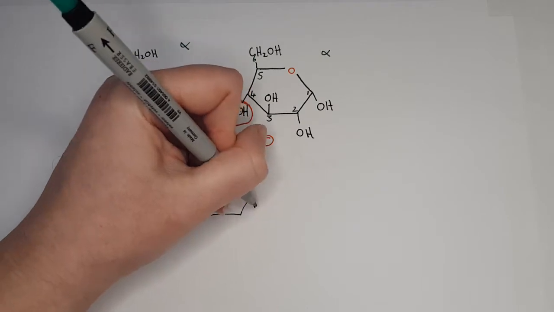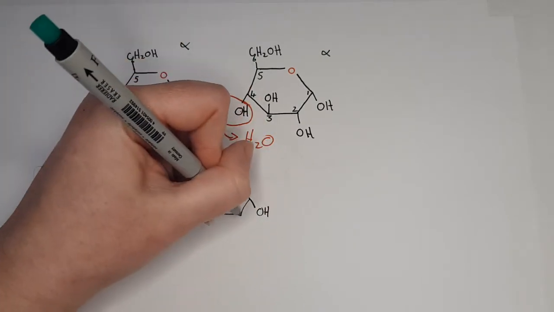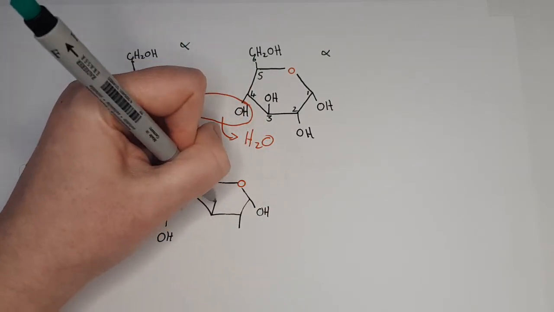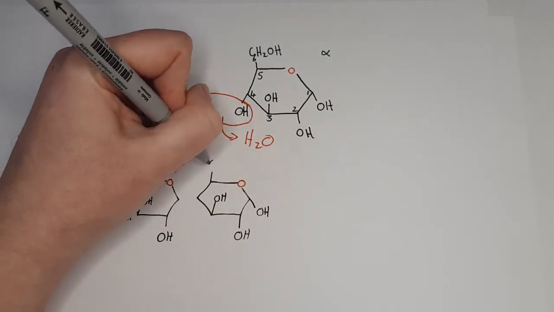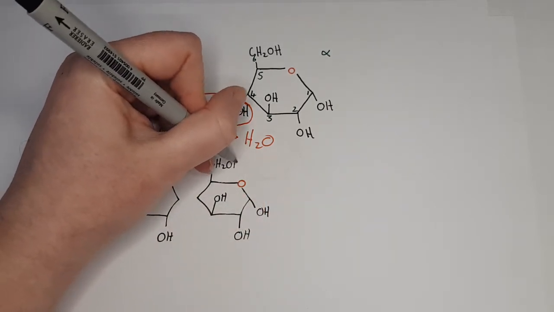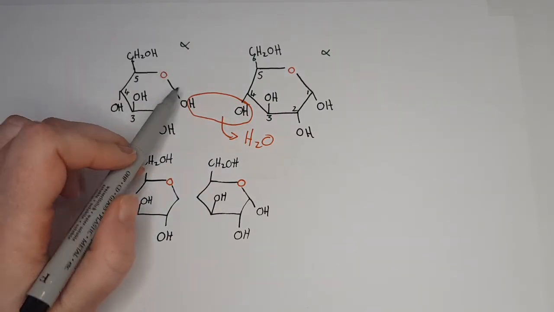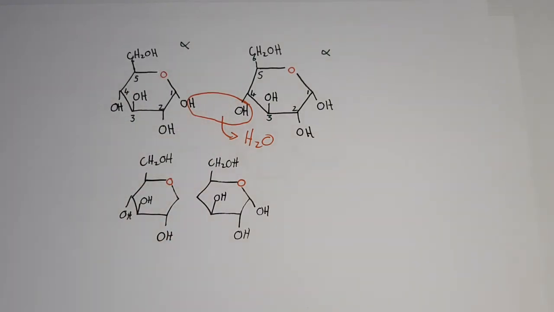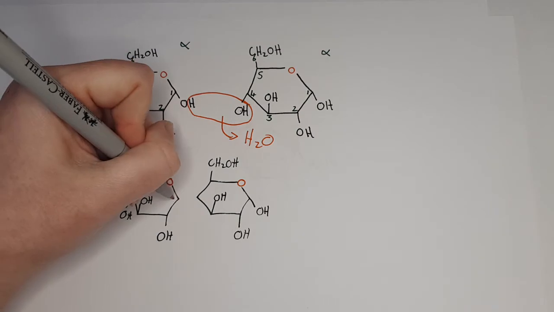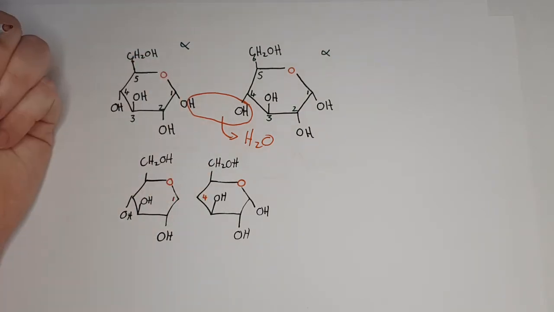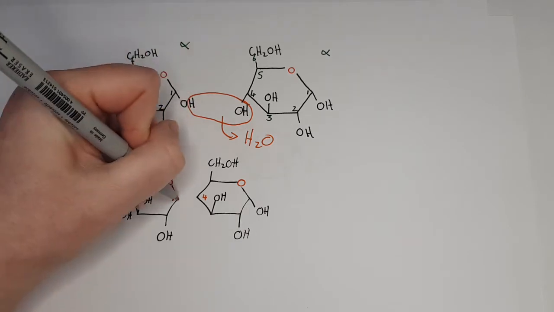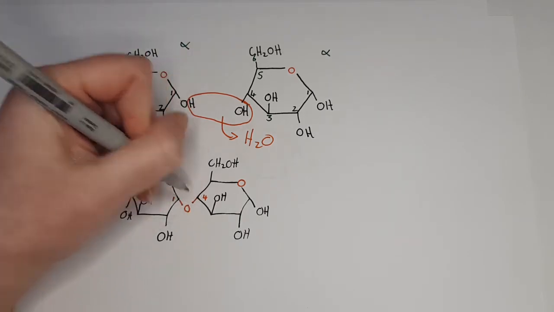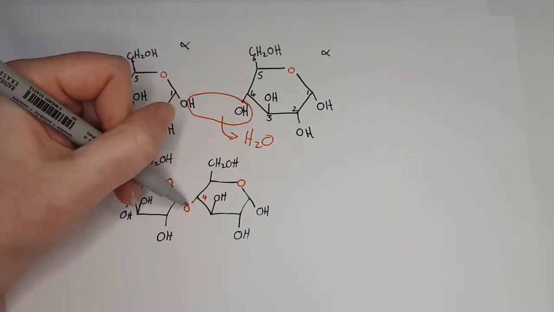And then the OH on carbons 1, 2, and 3. And 6 still outside the ring. But now between 1 and 4 that we had over there, so that's carbon 1 and that's carbon 4, I took the H2O away and I joined them together with that oxygen in the middle.